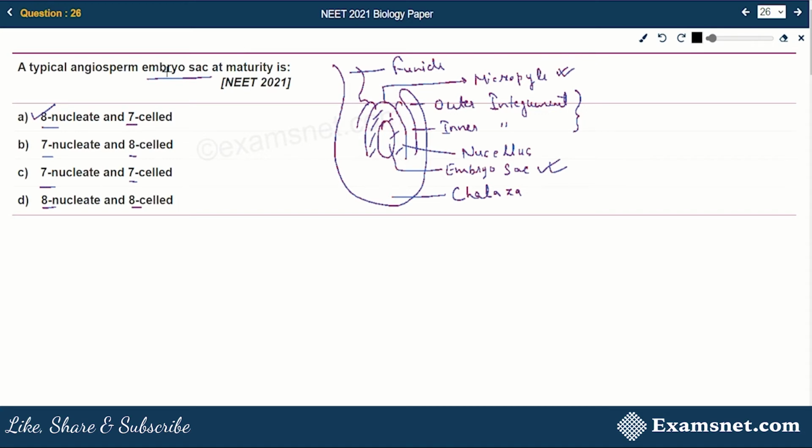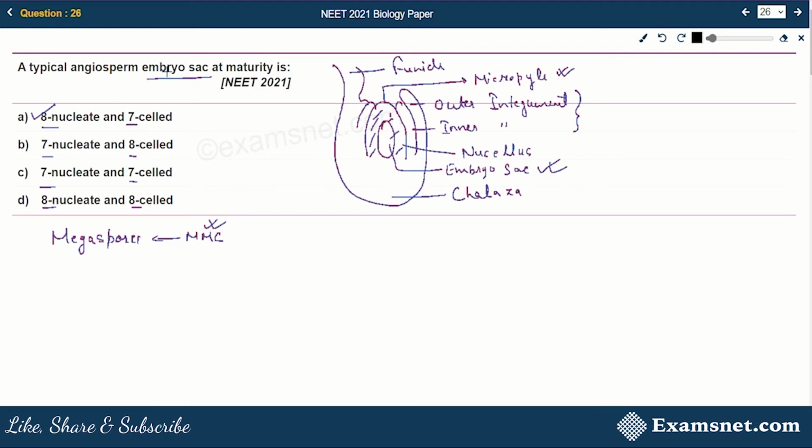Now let's see how the embryo sac is developed. The development of embryo sac starts with the formation of megaspores from the megaspore mother cell. How does this happen? The ovules differentiate this megaspore mother cell in the micropylar region of the nucellus.